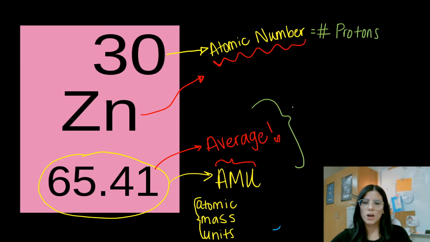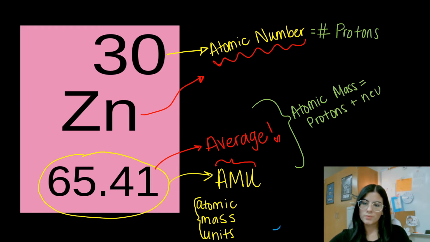So, atomic mass is equal to protons plus neutrons. Protons don't change, so we're good there. What's left? Neutrons. Neutrons change between isotopes.